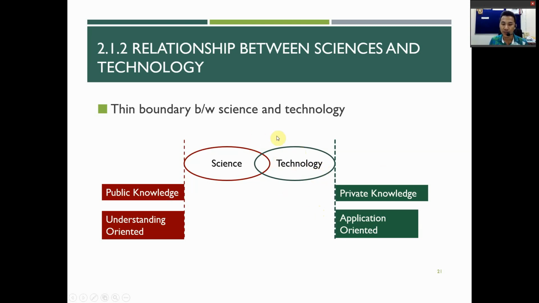But from time to time, after you bring up the technology, that technology, in terms of instrument development and everything, can come back and improve the way that we study science as well. So they are related to each other, and very close to each other. So you have to understand both of them very well.